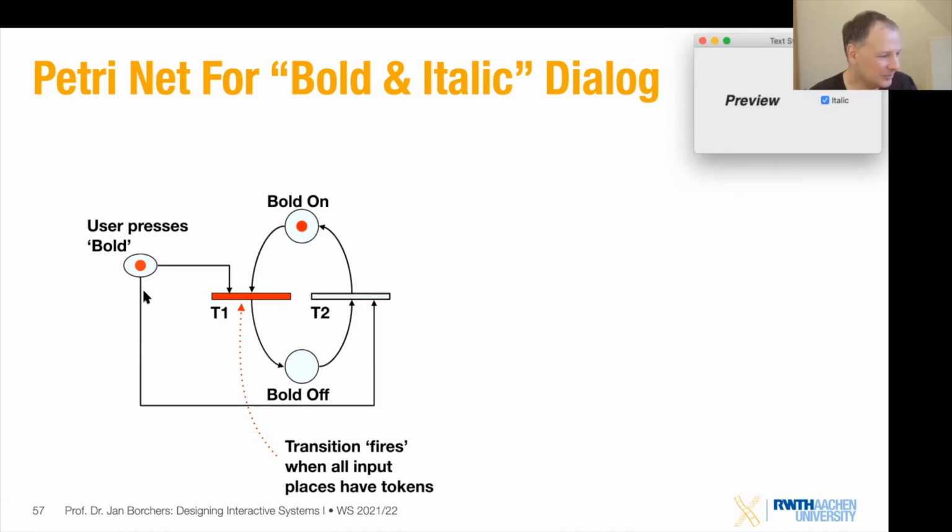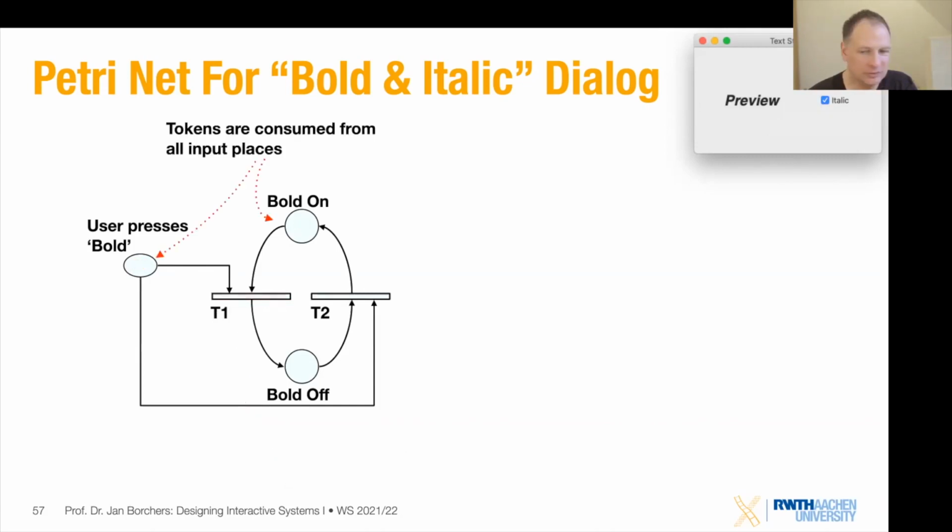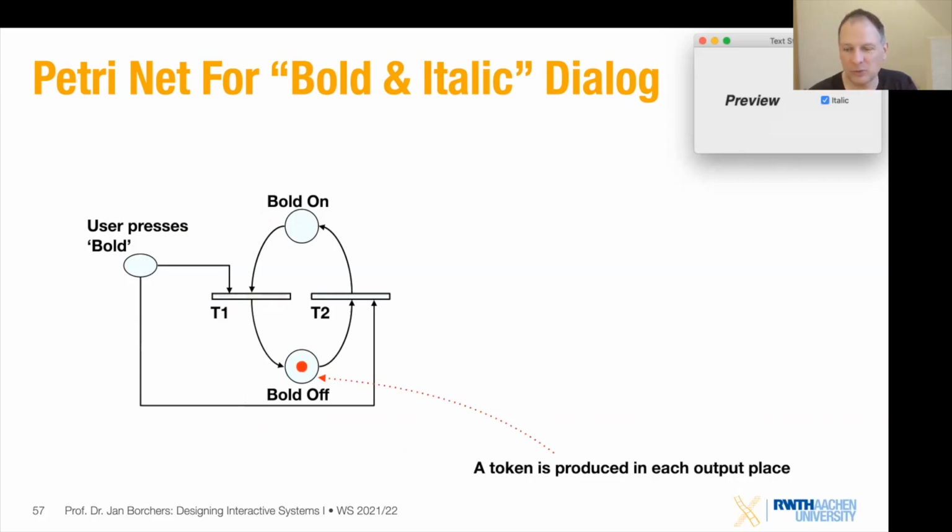If the user then clicks bold, both input places are now loaded and the transition can fire, and it consumes the two tokens with a little fire effect. It puts one token into the bold off state. This is an example of a token getting consumed; it disappears.